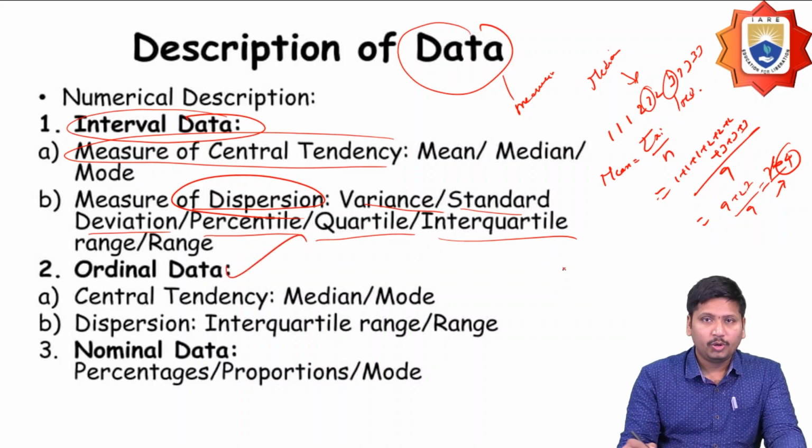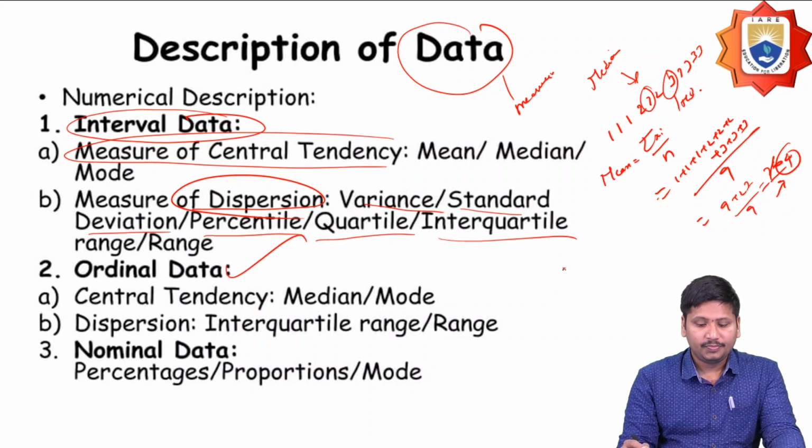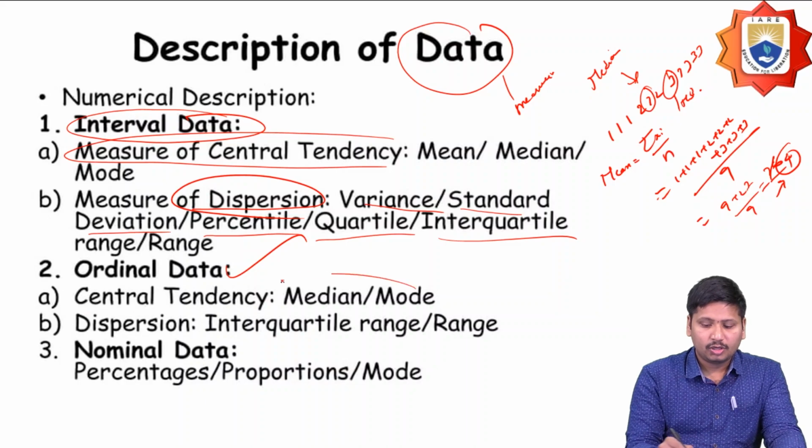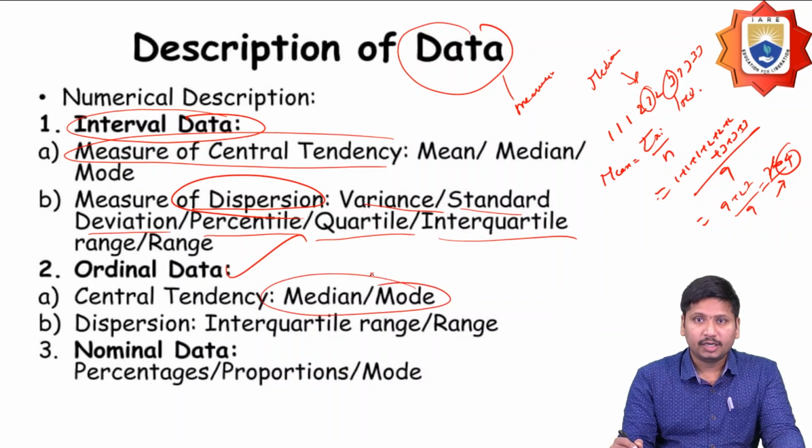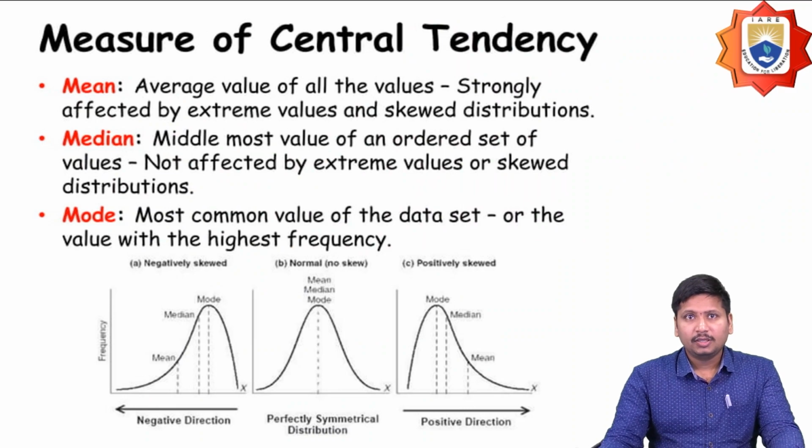Similarly, for ordinal data, the measure of central tendency is median and mode, and dispersion is the interquartile range or range. For nominal data, it should be percentages and proportions of the mode. These are some examples of nominal data.